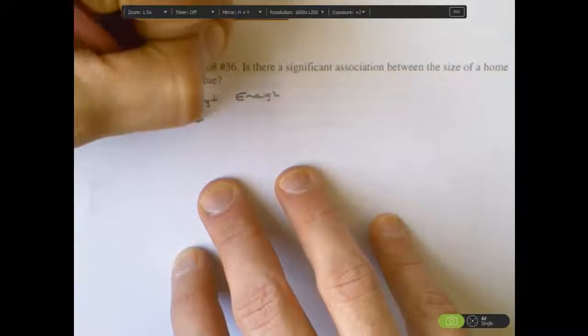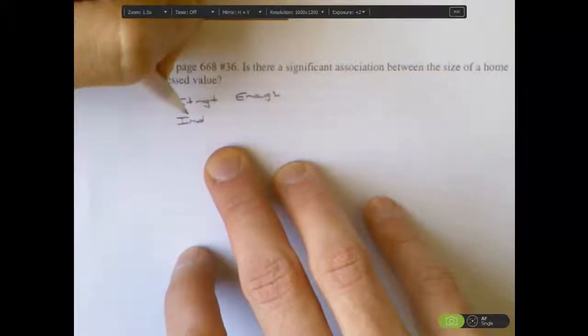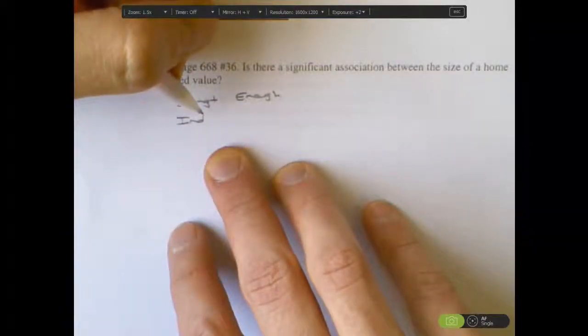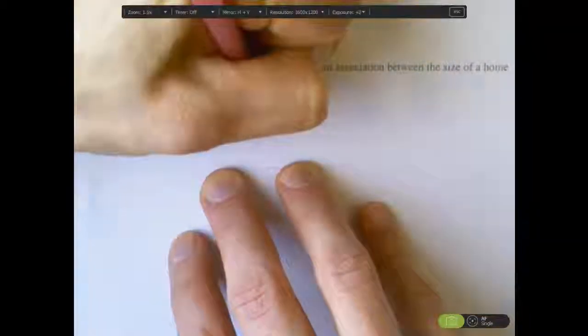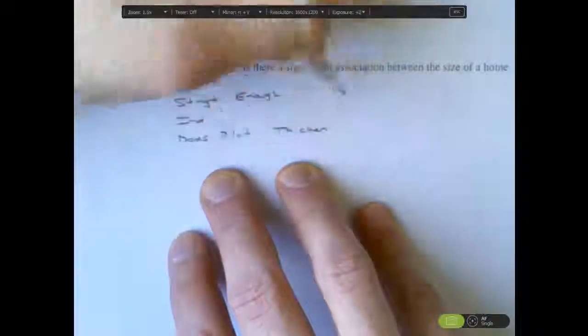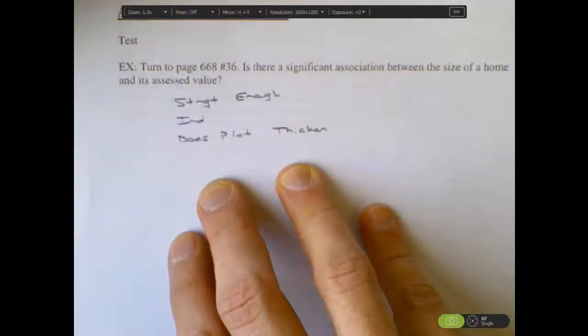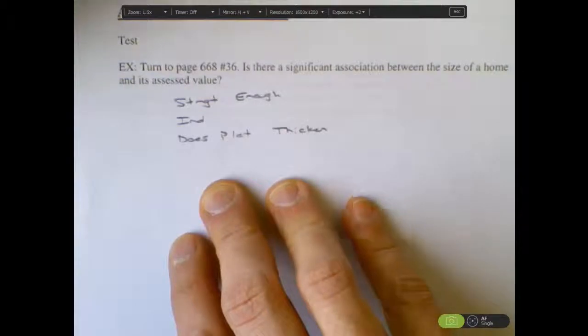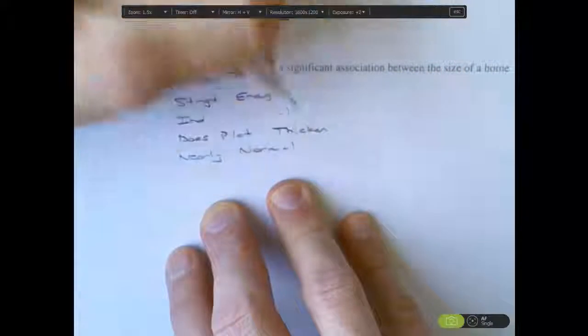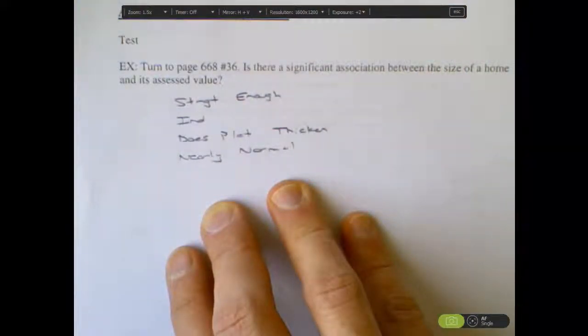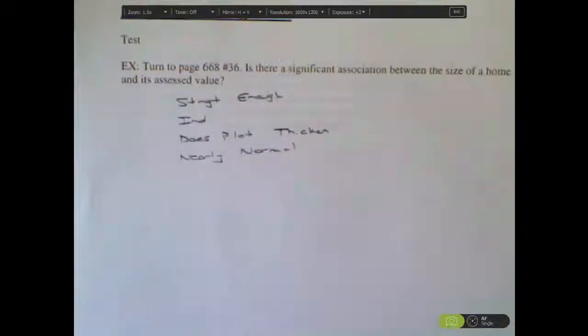You have independence, and what you want to talk about here is the residual plot having random scatter. You have does the plot thicken, and essentially your residual plot, you want to see consistent spread, not a fan shape, and you have your nearly normal. And what you need to get there is your histogram of the residuals, or whatever display they gave you, needs to be unimodal and roughly symmetric, or the sample size needs to be large enough for your central limit theorem to apply.